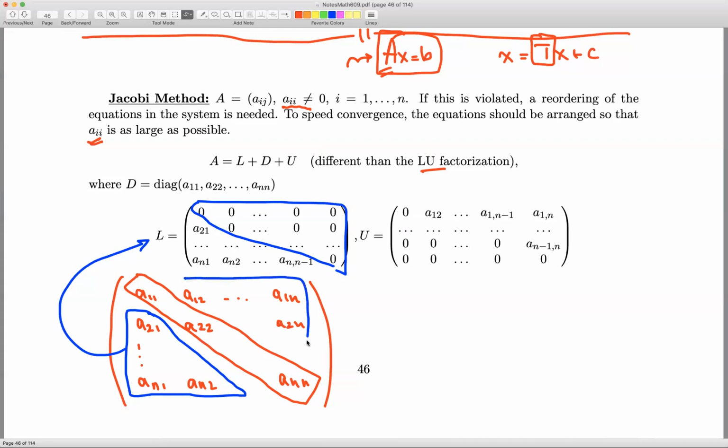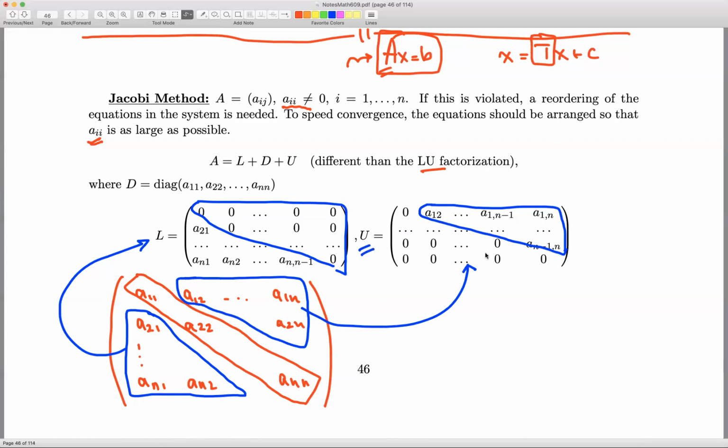So if you look at the elements that are strictly above the main diagonal, you take them from the matrix A, and we create a new matrix U that has everything that is on the main diagonal and below the main diagonal zero, and everything that is strictly above the main diagonal are the entries of the matrix A. So this basically is used to construct the matrix U. Why do we use U?